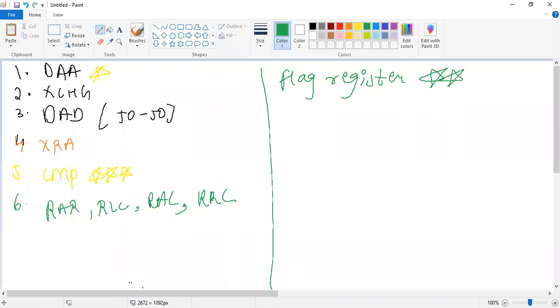There might also come STC and CMC. This is set carry, and this is complement carry.